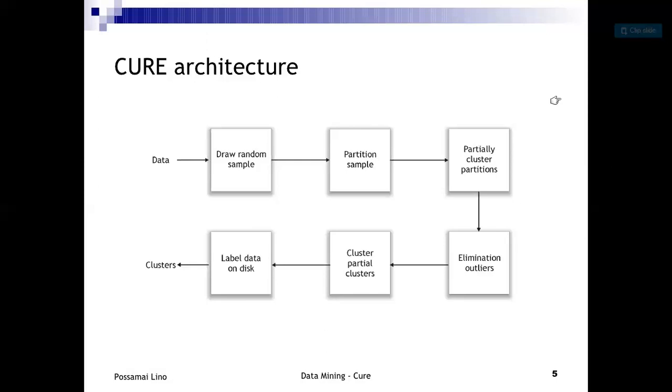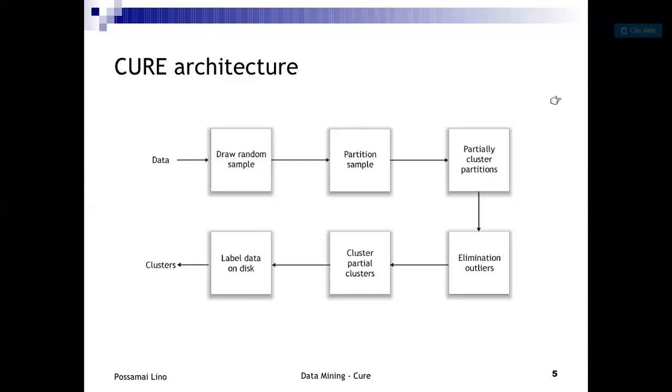These are considered outliers, and these outliers are eliminated. After eliminating the outliers, the remaining partial clusters are clustered together to form the larger clusters. And when the final clustering takes place, we label this data, and this is considered the final cluster.